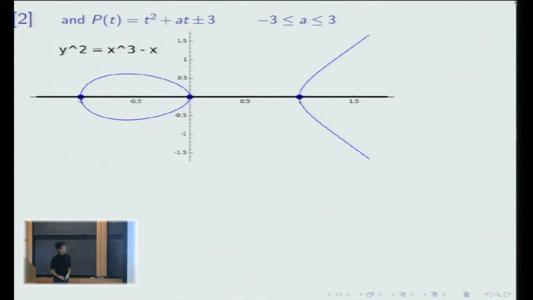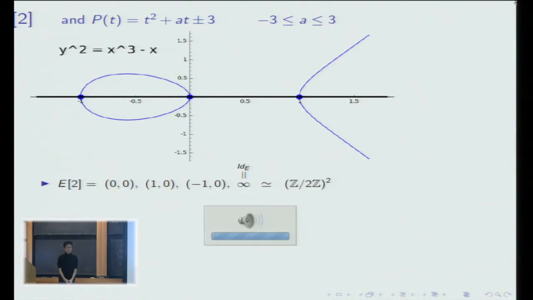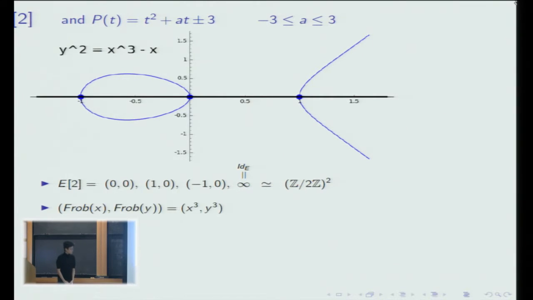Okay, and so here are the 3 points that are 2-torsion on this elliptic curve, and along with the point at infinity, you get the group (Z/2Z)^2. So this horizontal line tells you how to add these 3 points of 2-torsion.